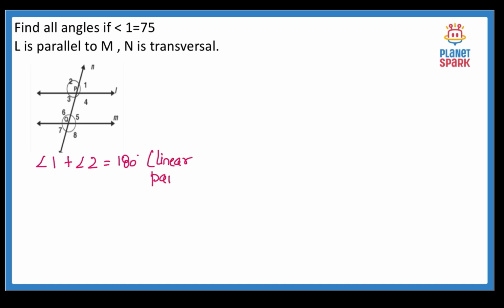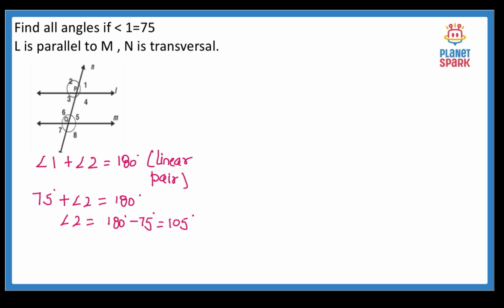The sum is 180 degrees. Now angle 1 is equal to 75 degrees, so 75 degrees plus angle 2 is equal to 180 degrees. That means angle 2 is going to be 180 minus 75, that is 105 degrees. So we have found out angle 2, which is 105 degrees.